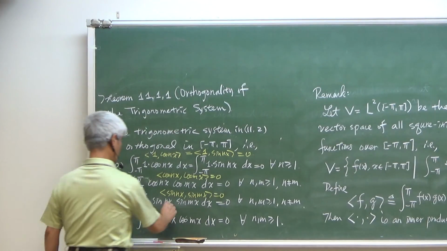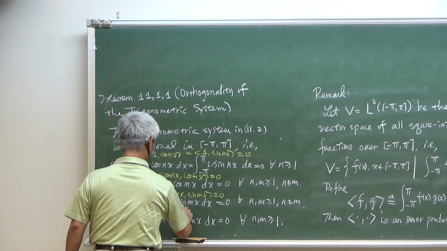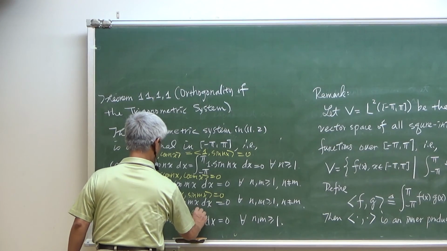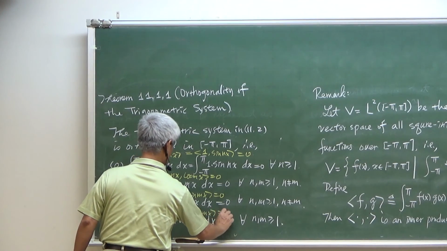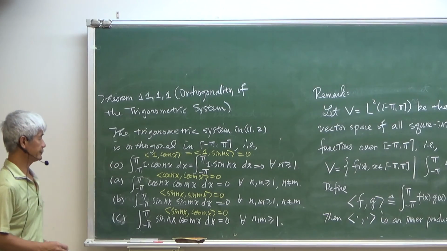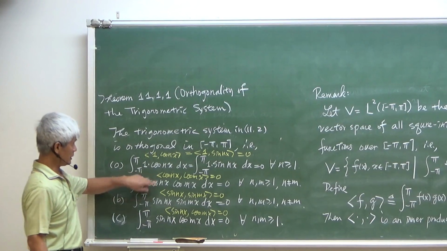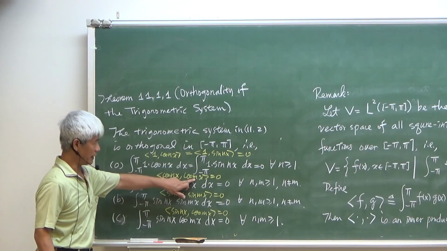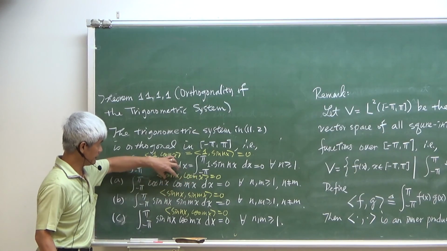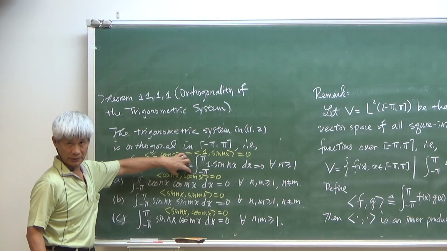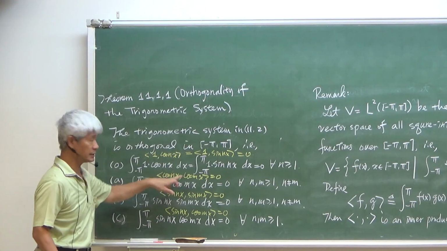And sine nx and cosine mx, also 0. For the first two, n cannot be equal to m, because if n is equal to m, then the inner product is not 0, because they are the same function.